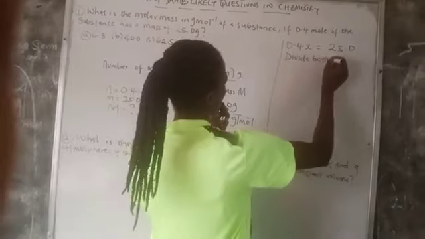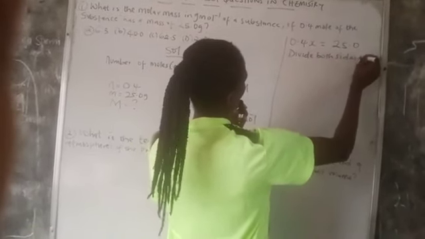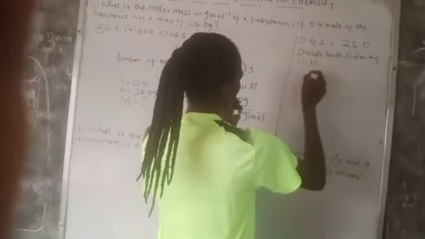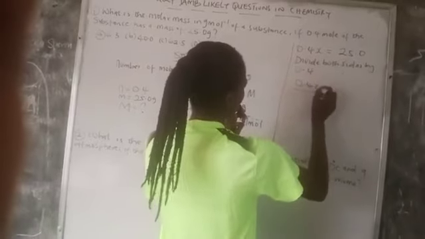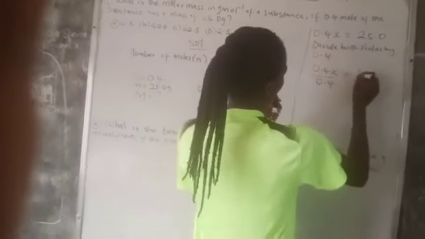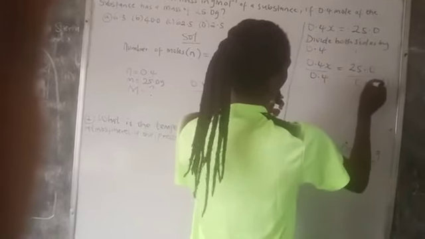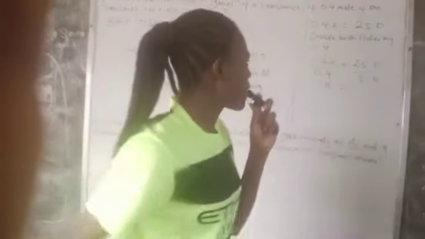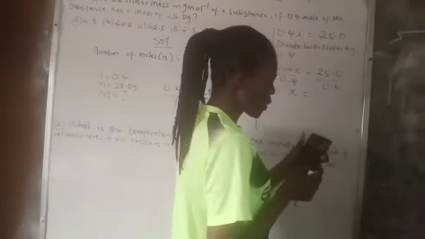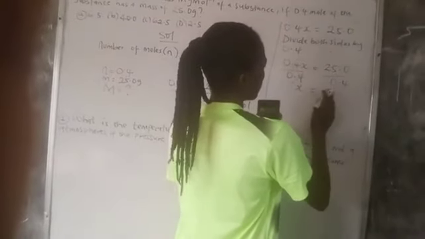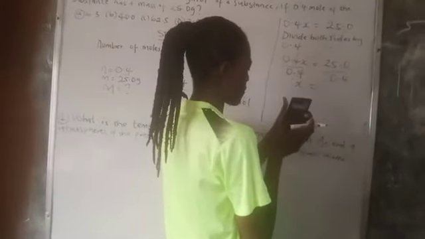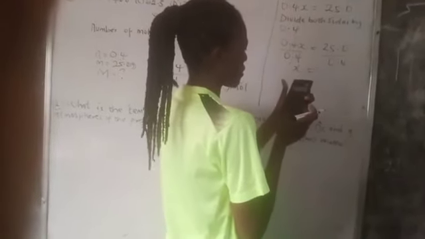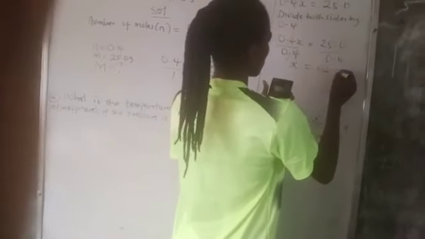Divide both sides by 0.4, so we can have our x. So 0.4x divided by 0.4 is equal to 25.0 divided by 0.4. We have x is equal to 25 divided by 0.4, and we're going to have 62.5.